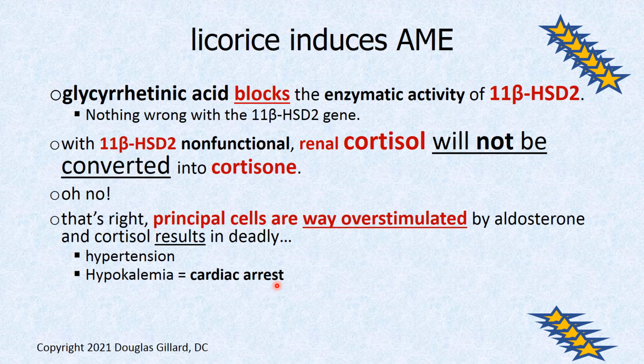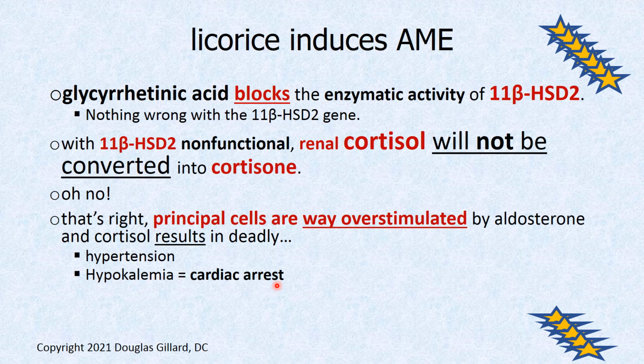So it basically knocks 11beta-HSD2 out of action. So you might as well have a gene mutation for it because it doesn't work. But there's really nothing wrong with the gene that makes 11beta-HSD2. It's just this glycyrrhetinic acid blocks it.